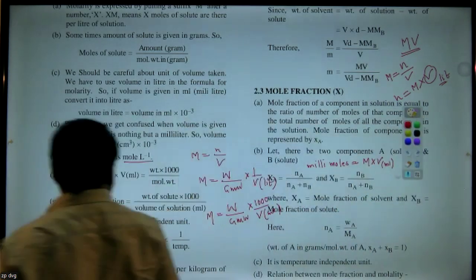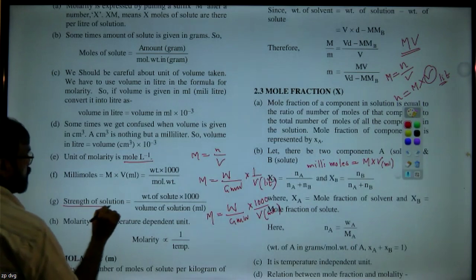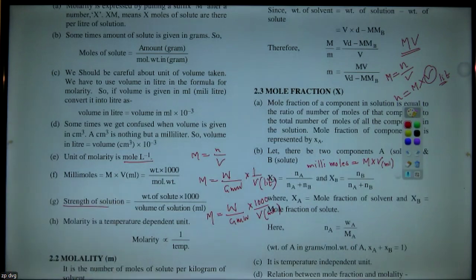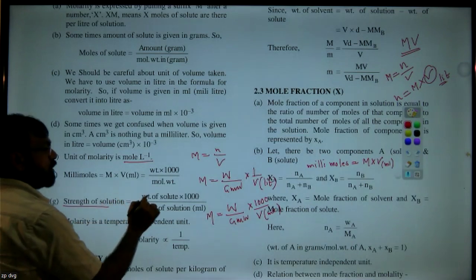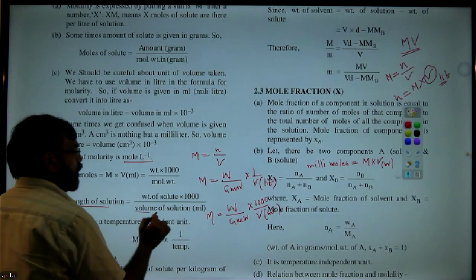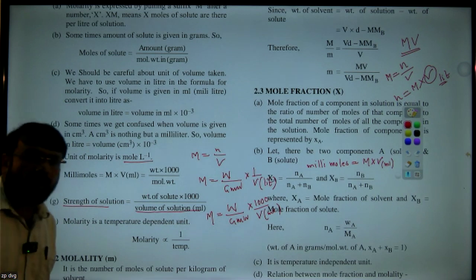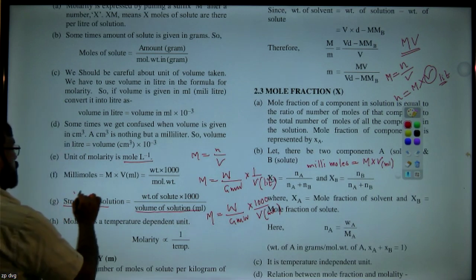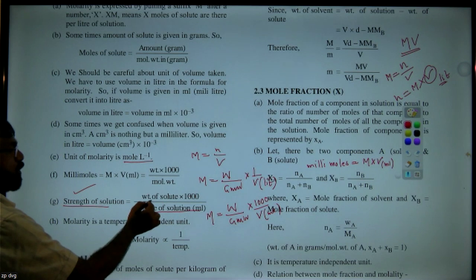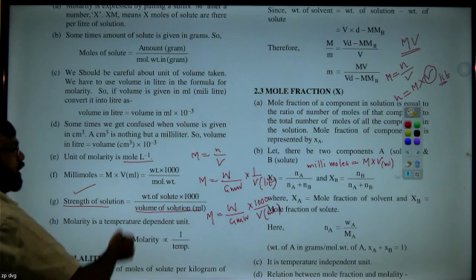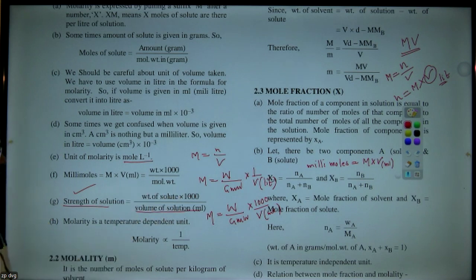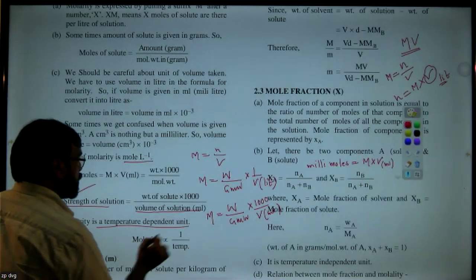Here the strength of the solution is equal to weight of the solute into 1000 divided by volume of the solution in milliliters. If we use this formula, we get the strength of the solution. Molarity is a temperature dependent unit.